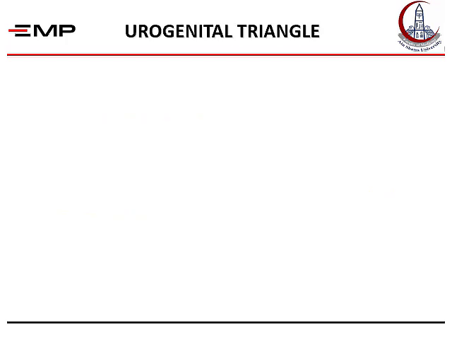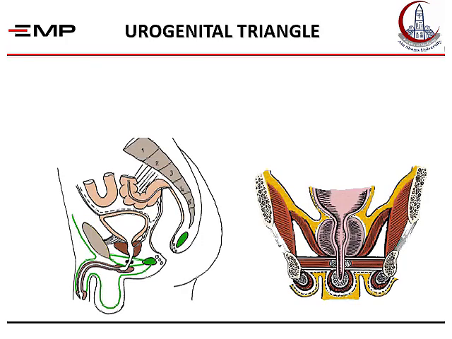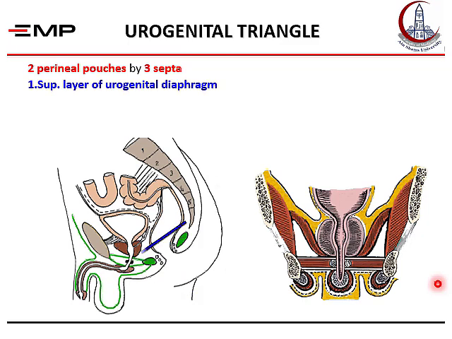The urogenital triangle is subdivided into two perineal pouches by three septa. The deep perineal pouch, and the superficial perineal pouch. The three septa are the superior layer of urogenital diaphragm.